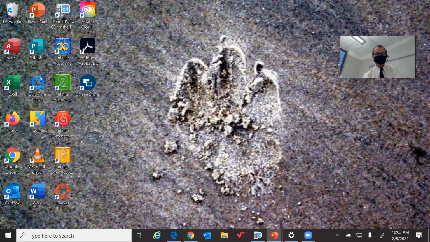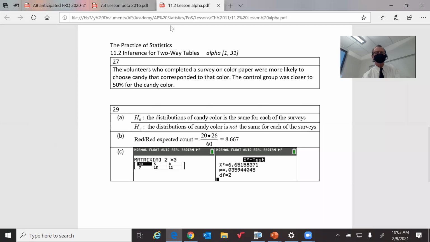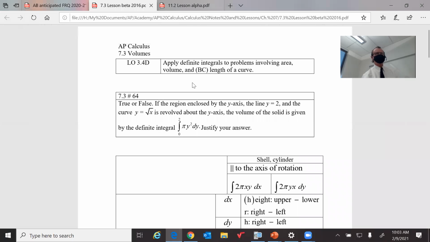So, how about this? Let's start from a question at the end. True or false? A region enclosed by the y-axis, y equals 2 root x, is revolved around the y-axis, and the volume is given by this. Let's draw what that would look like.